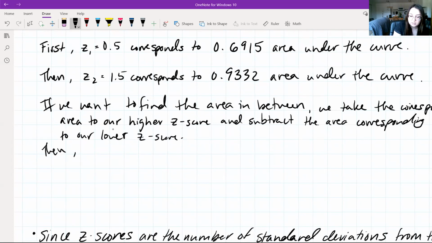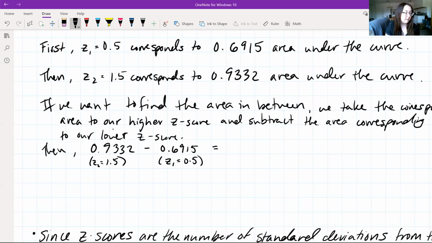So then we take z2, which was 1.5, which corresponds to 0.9332, minus 0.6915, and this is z1. z1 is equal to 0.5. Now all we have to do is calculate this value. And when we do, we end up getting a value of 0.2417, or 24.17%.